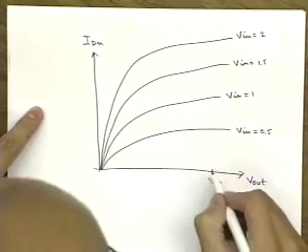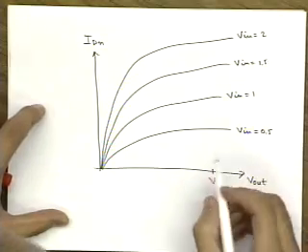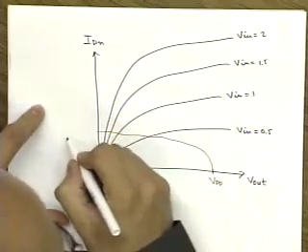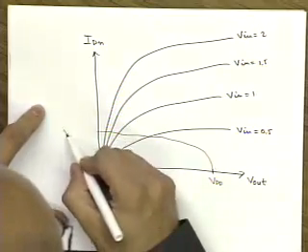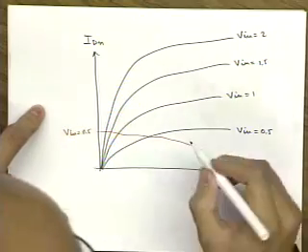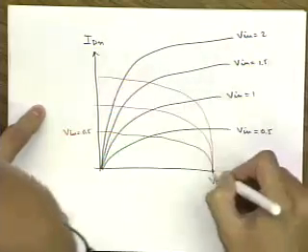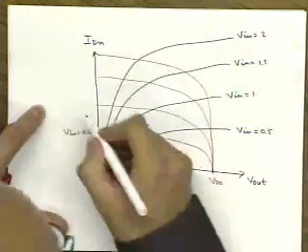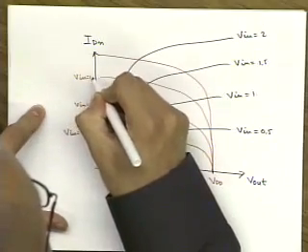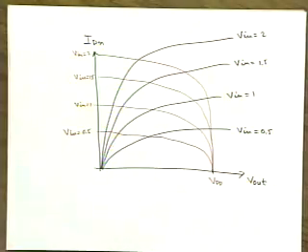And then for the PMOS, you have basically flipped over and translated on the voltage. You have the same curve for V in is equal to 0.5. Then you have V in is equal to 1, V in is equal to 1.5, V in is equal to 2.